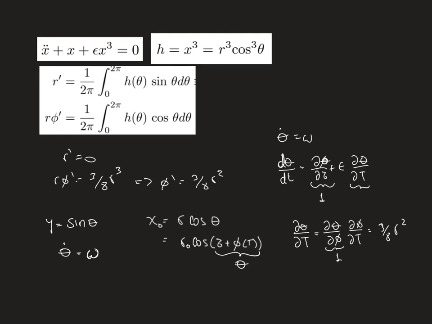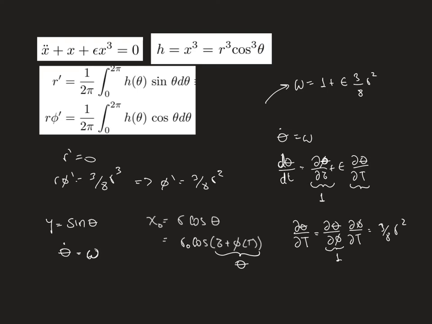So what I want to say, maybe let's just put this thing in here. Omega is equal to 1 plus epsilon times 3 r squared over 8. Voila. And what does it mean? That the frequency of this oscillator depends exclusively on the amplitude.